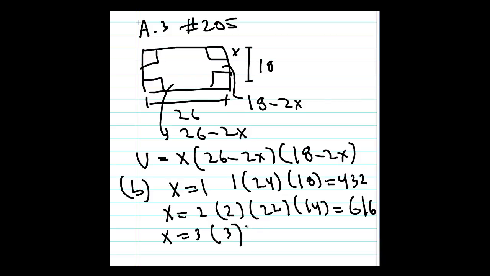So this is 3 times 20, and 18 minus 6 is 12. So we get 60 times 12 is 720. And actually in calculus, you'll find out how to actually maximize the volume of the box. But that's beyond what we're doing right now. That was all that was asked on that problem.